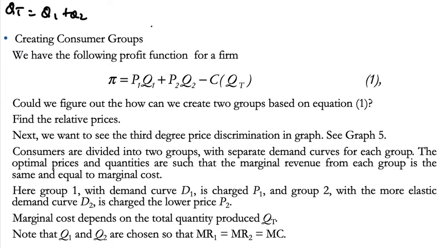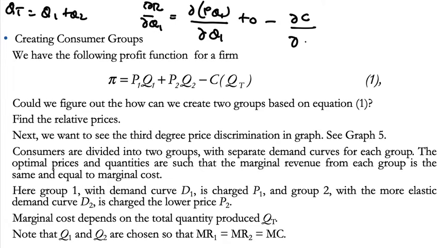We need to do it one by one. We have two steps. First, we need to maximize profit with respect to Q1 for group 1. What you can do here is differentiate the total revenue that you get from group 1 with respect to Q1. For group 2, it is 0, isn't it? Minus total cost with respect to Q1.